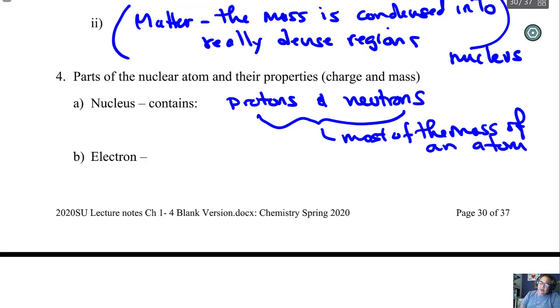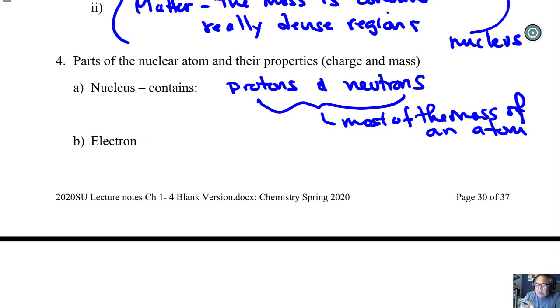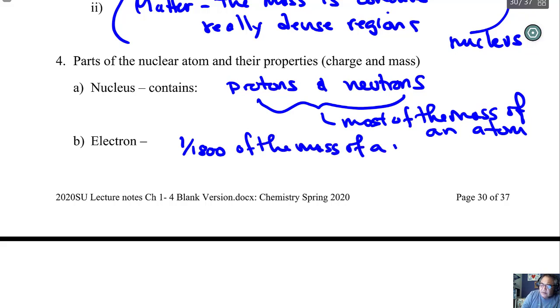And then there's the electrons, okay? So the electrons are very small, right? And they're about 1/1800th of the mass of a proton or neutron. Turns out the protons and neutrons have the same mass.